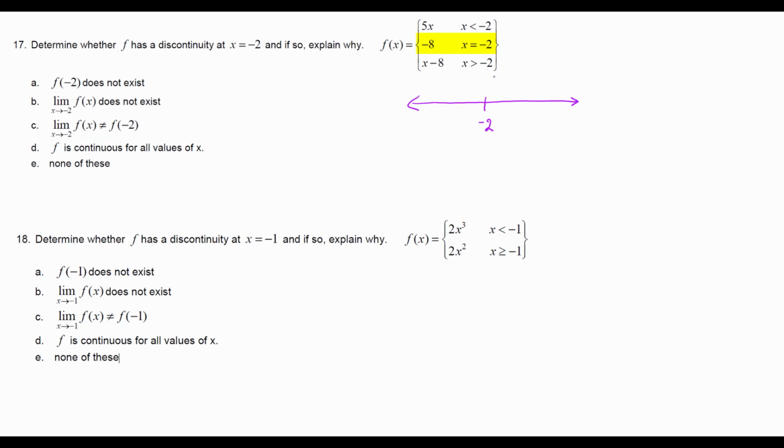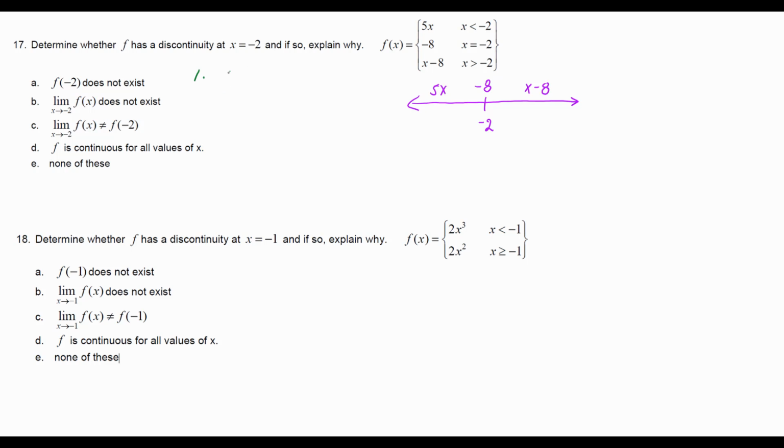So when x equals -2, your function value is -8. And when x is less than -2, your function is 5x. When x is greater than -2, your function is x minus 8. Okay, so let's see if f is discontinuous or continuous at x equals -2.